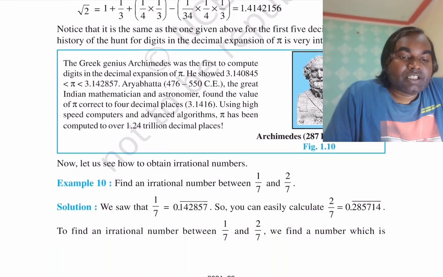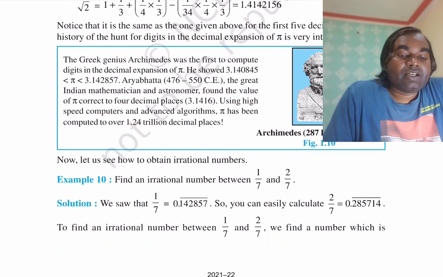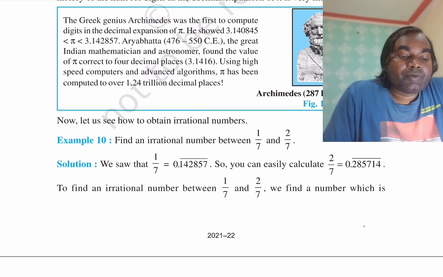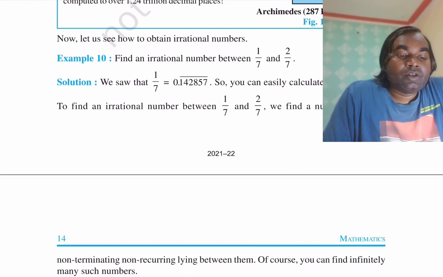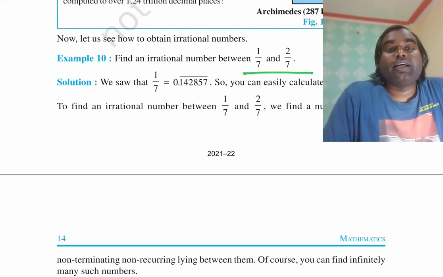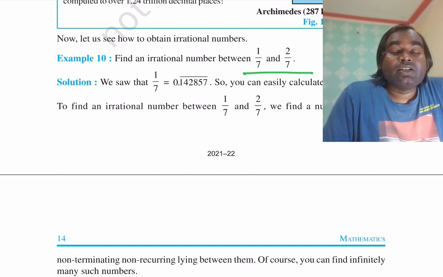So there is a history of evaluation of pi. Now example number 10, find an irrational number between 1/7 and 2/7. If you are asked to find a number in between the two, and that number is irrational, how can you find that? For that you have to calculate their decimal values.